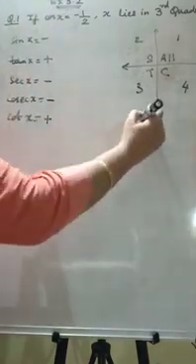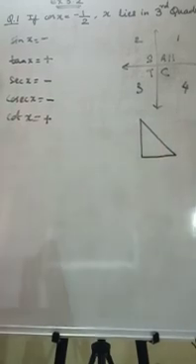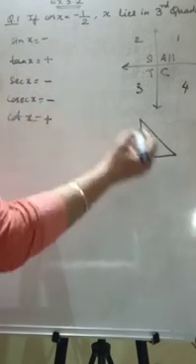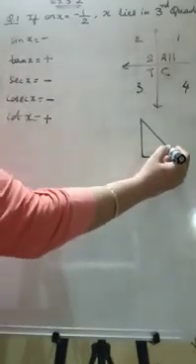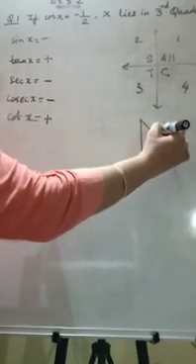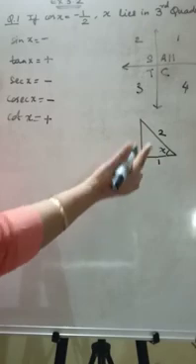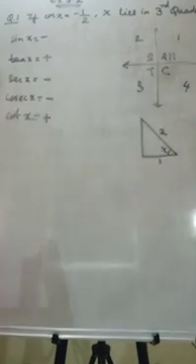Now for the half, by Pythagoras theorem, you can find it out. Okay. So what is cos x? If this is my x, cos x is 1 by 2. So what will be this hypotenuse?